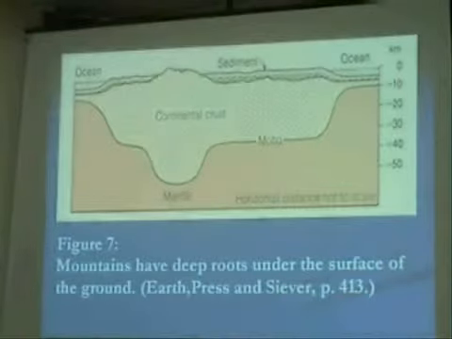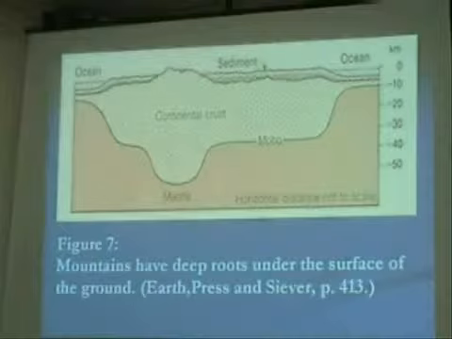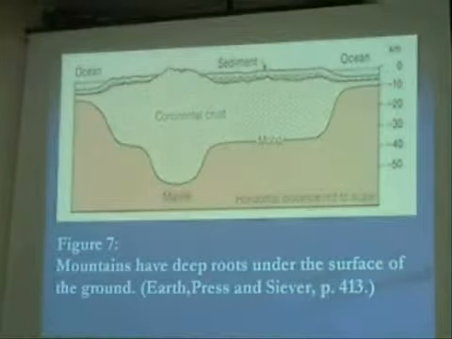So the mountains send their roots deeply into the crust and the mantle. Okay? We have here more than 50 kilometers deep inside the crust of the earth. So mountains have deep roots under the surface of the ground.